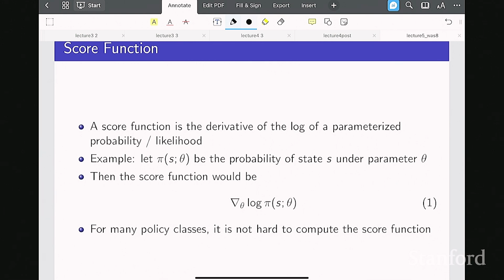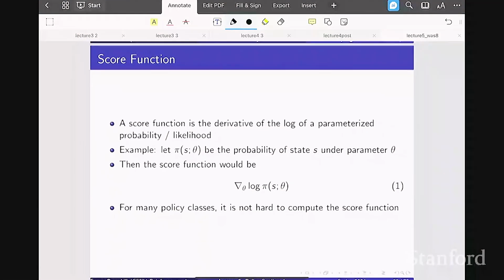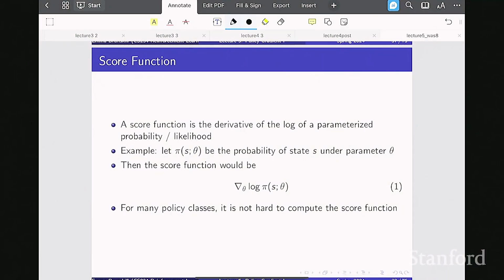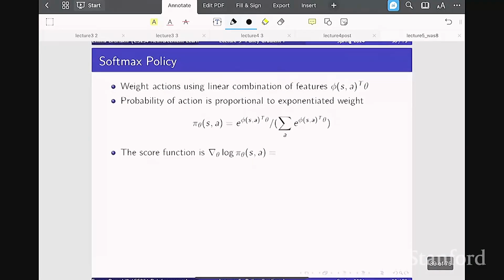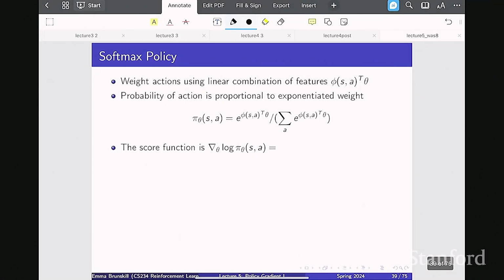If you have a differentiable function, we can compute the score function pretty easily in many cases. Let's see what that might look like for a couple different policy classes. One thing we could do, which is a pretty popular thing to do, is to do a softmax policy.